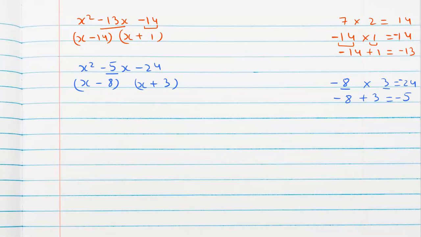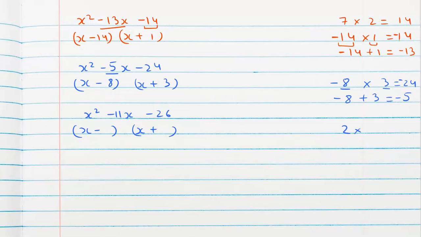Let's take a look at one last example where both the signs are negative. We have x squared minus 11x minus 26. Again, one factor will be negative, one will be positive. And what is negative? The bigger factor. So what are the two factors of 26? Well, you can think of 2 times 13 or 26 times 1.